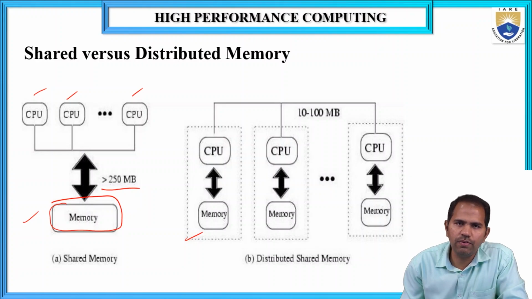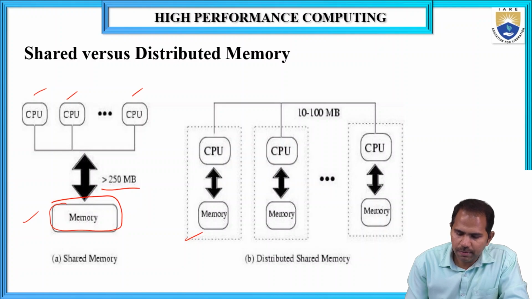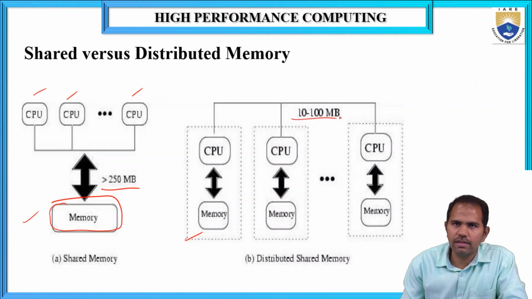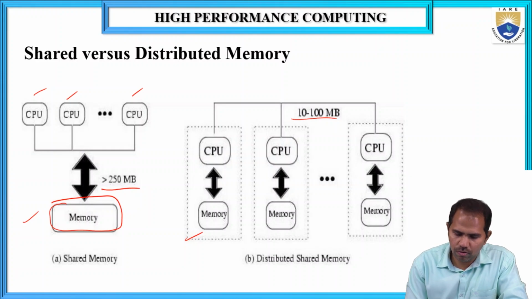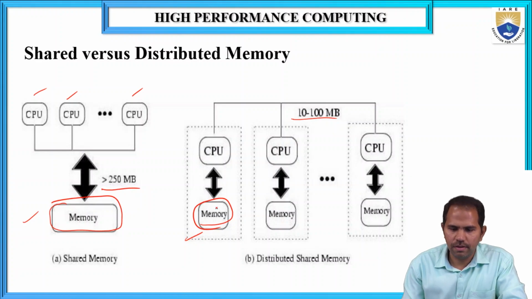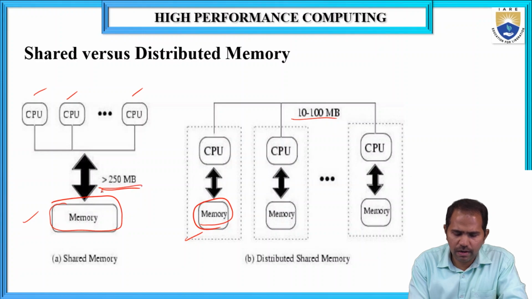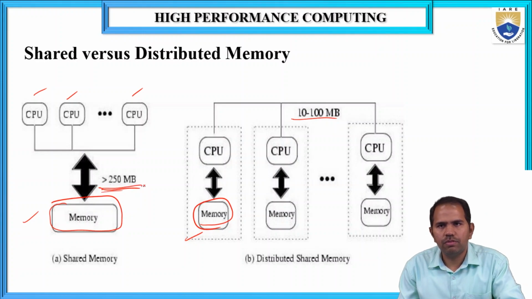In a distributed environment, the LAN connection may be taking the data transfer at 10 to 100 MB. So in this memory it is always 10 to 100 MB, while the other is greater than 250 MB. So this is the major difference.